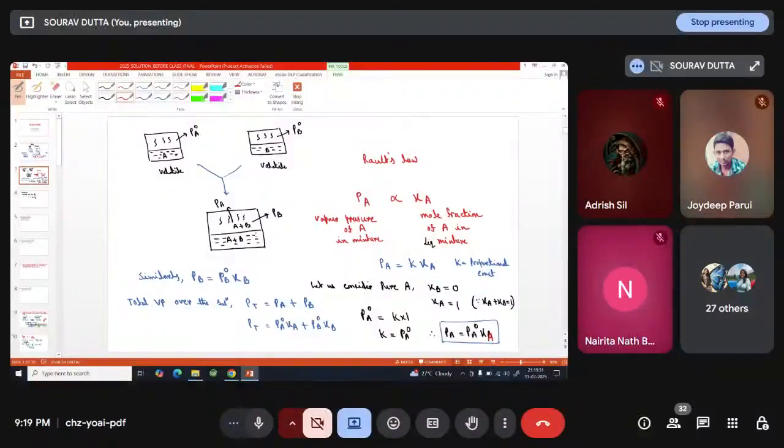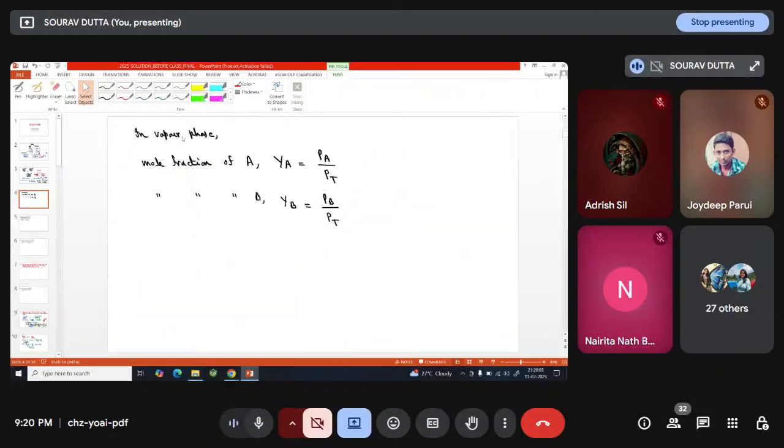Okay. Now, if someone wants to find the mole fraction of A and B in the vapor phase, because you know some molecules are present in the vapor phase, what is the mole fraction of A and B in the vapor phase? That can be calculated this way.